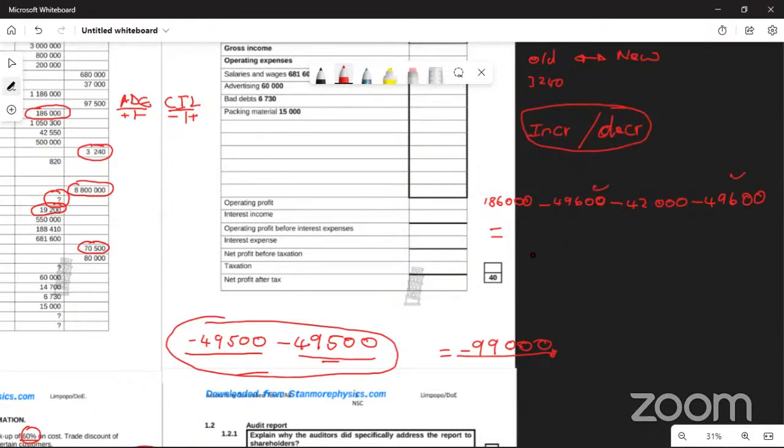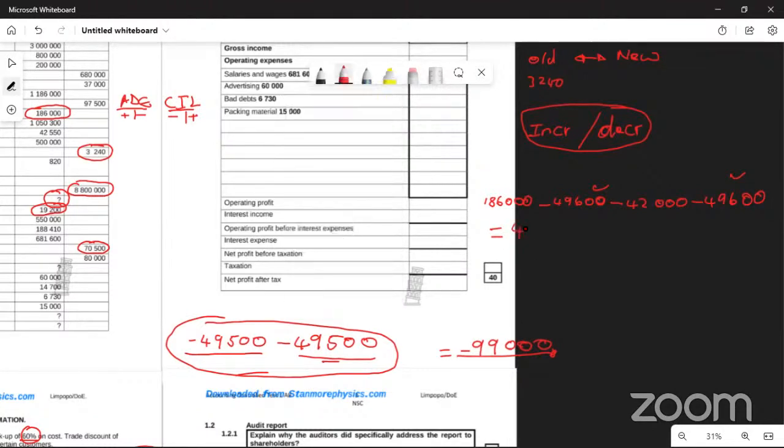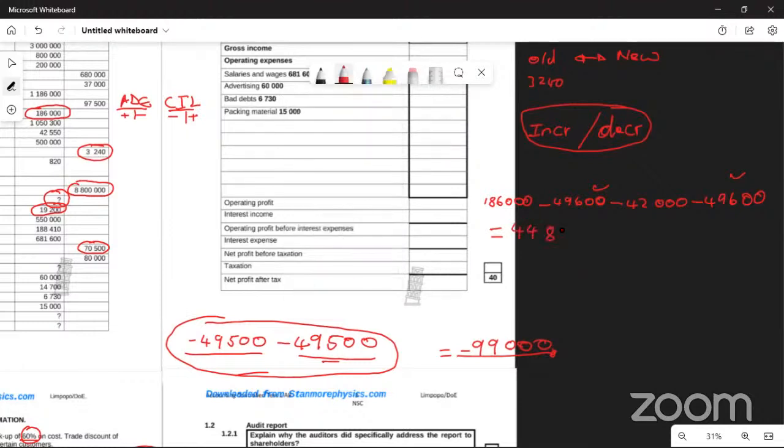Then after doing all those calculations, you take 186,000, which will give us the correct figure of 44,800. Remember what was guiding me, that the amounts we were getting were wrong: debtors have given us provision for bad debt as an income. So that means the new provision for bad debt must be less than the old provision.